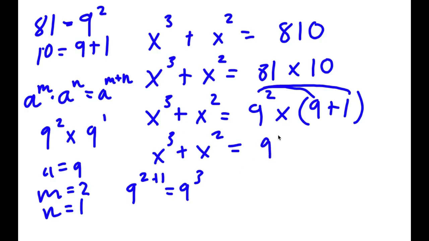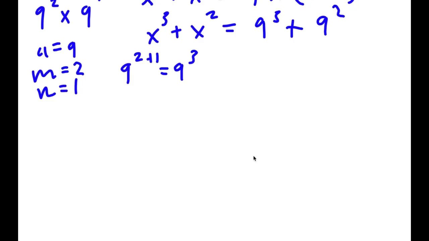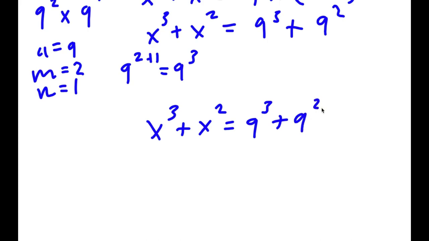So now I have 9 to the power of 3 plus 9 to the power of 2 times 1, which is simply just 9 to the power of 2. Alright, so now from here I'm going to subtract 9 to the power of 3 on both sides.